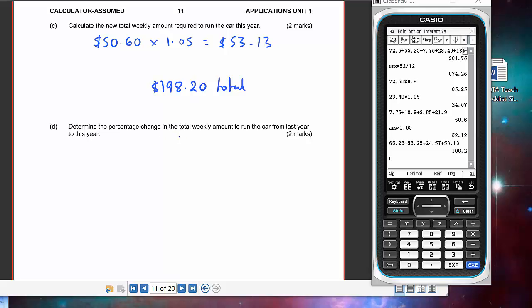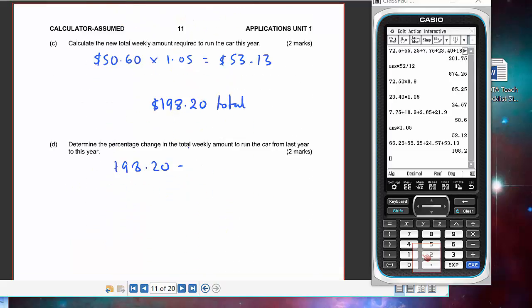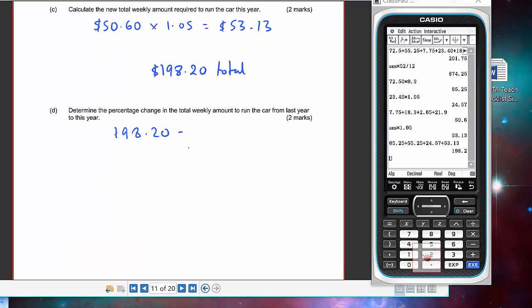Determine the percentage change in the total weekly amount to run the car from last year. So the actual change there is 198.20, and if we go back here, that was 201.75. So 198.20, take away 201.75.